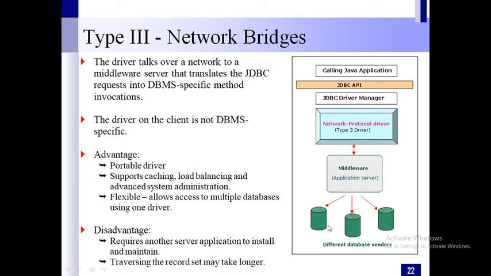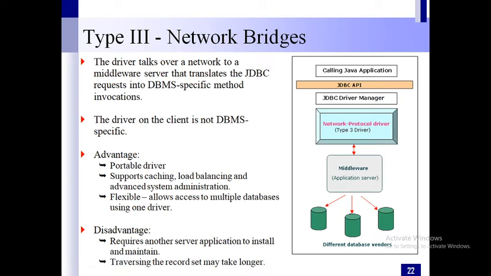So how will it communicate? First it has to go to the application server, and this application server translates the request to the different data sources. So here the translation is done at the application server side.